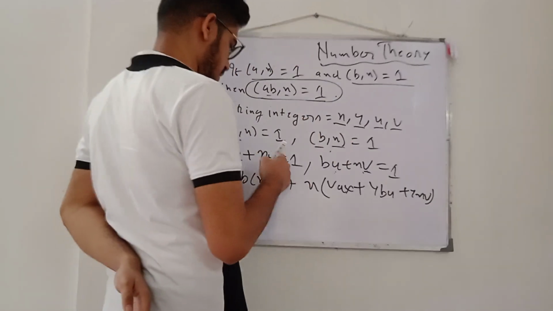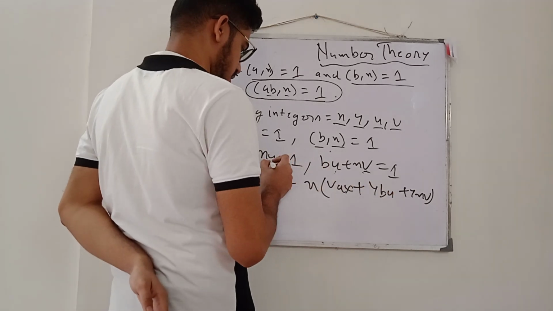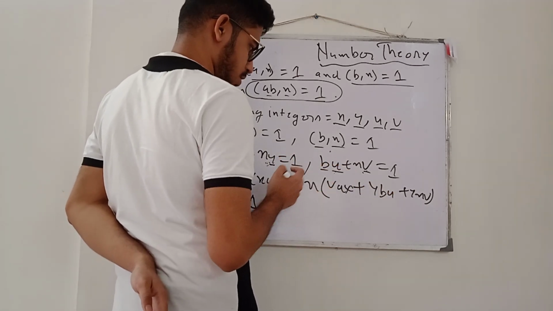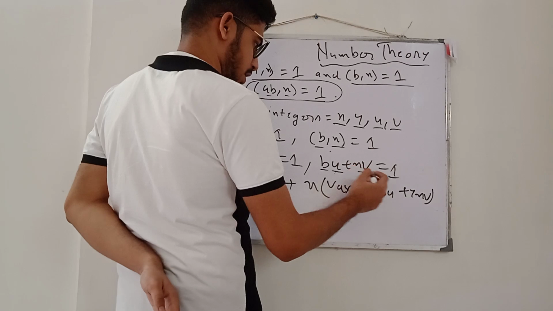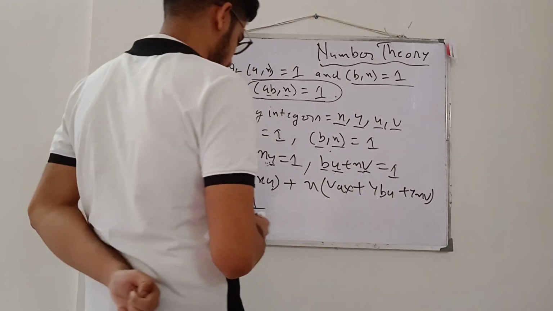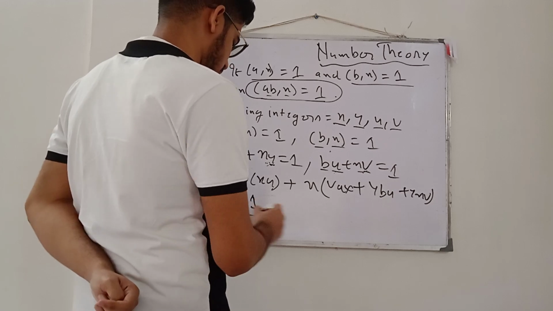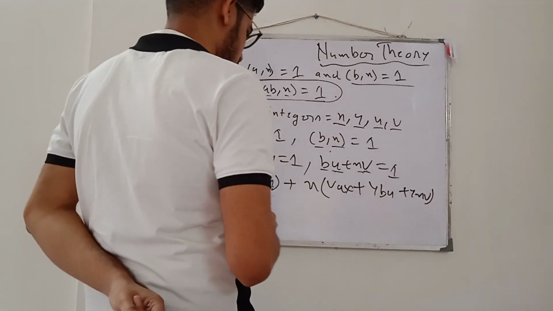Here is one v. So we can say that this is how it is correct. This is ab.